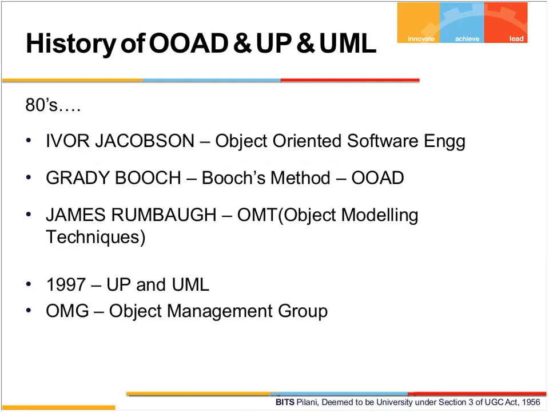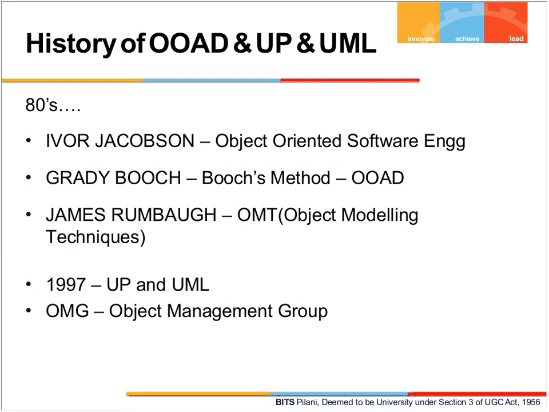Before I start, I'll give you a history of how the object-oriented domain started. It was in the early 80s that various researchers were working on some kind of object idea.